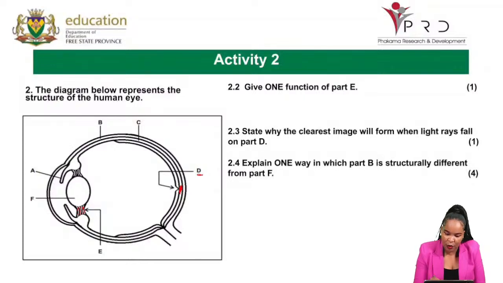We've spoken about that. I will give you the answers, but please make sure that you go through this revision again on your own. Then explain one way in which part B is structurally different from part F.